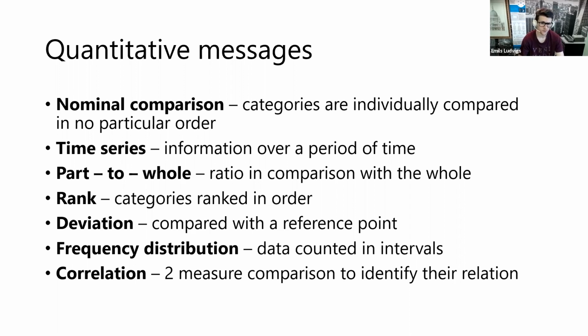The next is time series, periods over time: months, days, years, quarters. For this, just use the line chart in Power BI. The next is part of the whole, the ratio over the whole. For this you use the not so well-favored charts in the data visualization world, pie charts and donut charts.